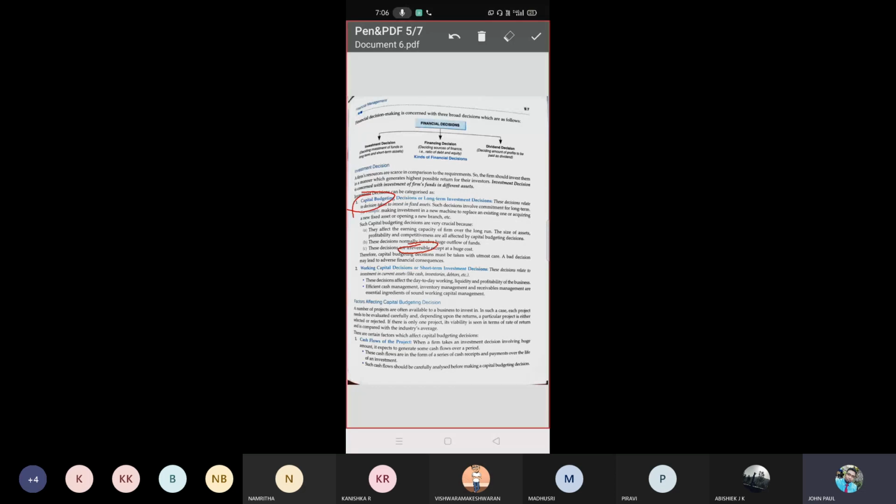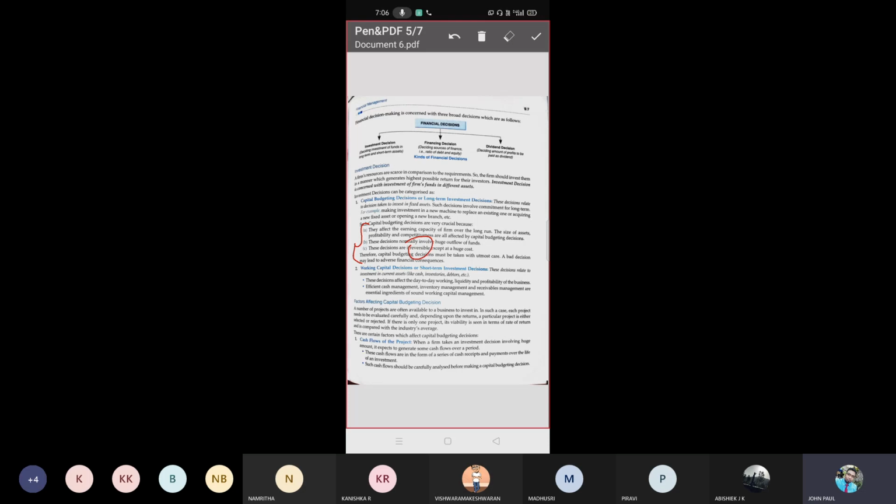We can't reverse it, like Vijay Mallya, the Kingfisher owner. Whatever they have done is done. Once we started investing, we can't get it back or correct it. That's the reason we are talking about risk in capital budgeting.